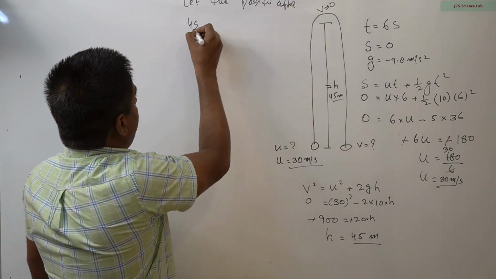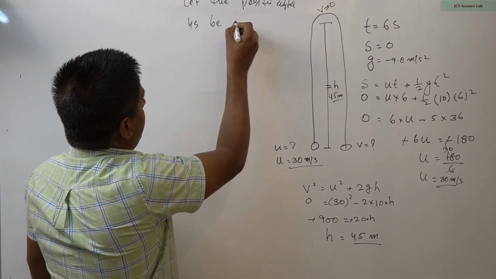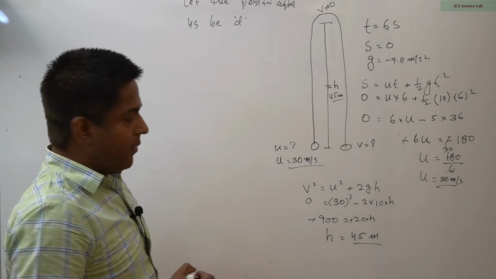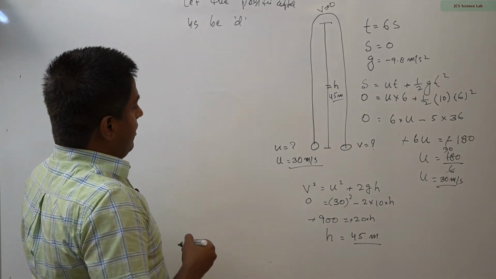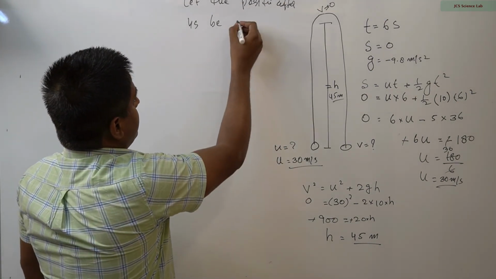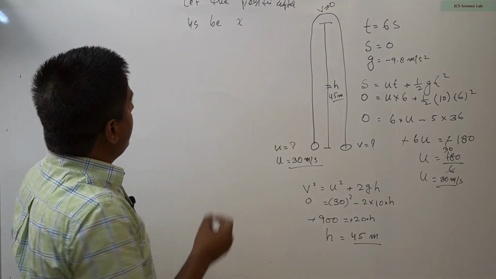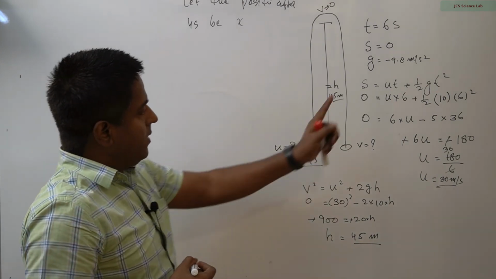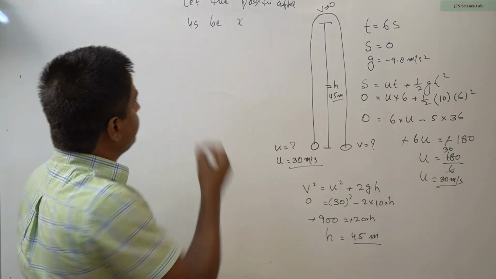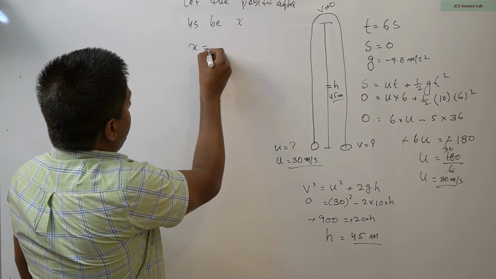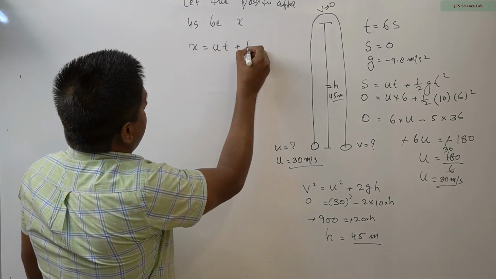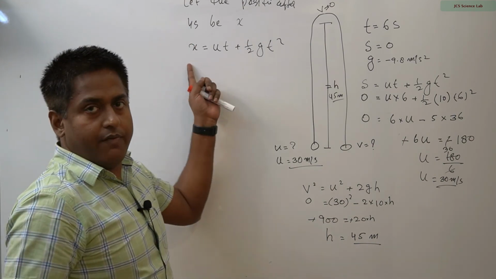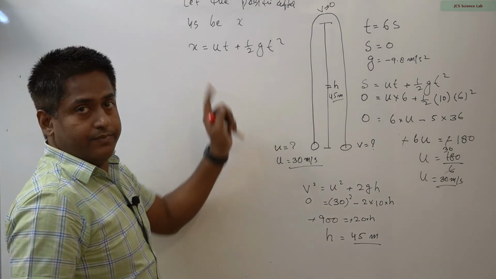We can use the second equation of motion, that is x is equal to ut plus 1 by 2 gt square. This is the position after 4 seconds, so time is 4 here.